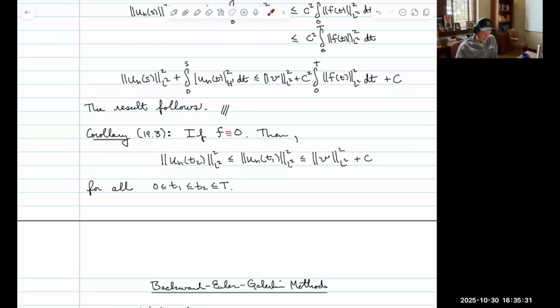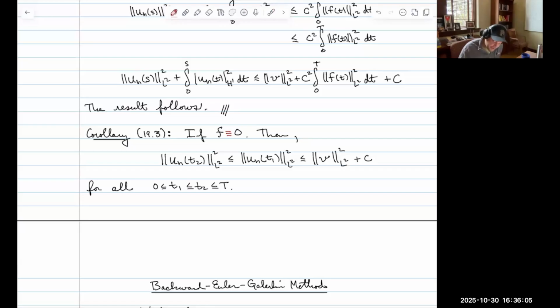That is, if at some later time t2 I evaluate this function, I get a lesser value than if I had evaluated at t1. The value at t equals 0 is bigger than the value at t1, which is bigger than the value at t2. And if I take a greater value than t2, it gets smaller and smaller. So this energy here is decreasing over time.